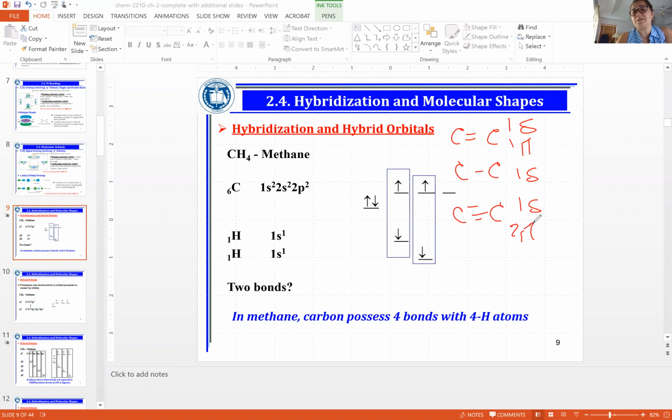Now, which one is stronger, a double bond or single bond? A or B? Which one is stronger? Okay, between sigma and pi bond, sigma bond is stronger.